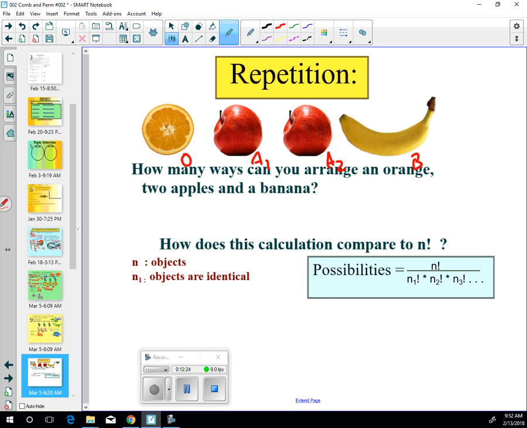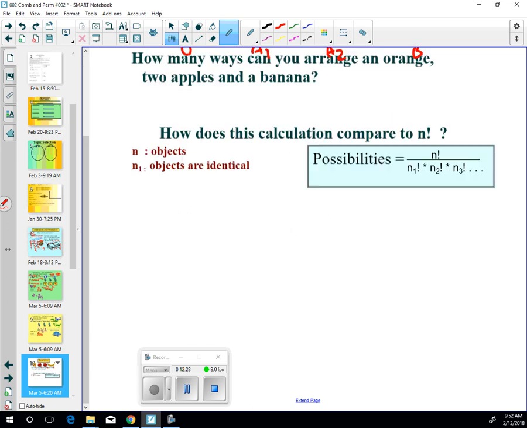4 factorial, 24, right? So let's list them out. This will be fun. O, A1, A2, and B. And then we can have O, A1, B, A2, right? Let's just keep doing this. Let's move the B through here. No, let's do it this way.